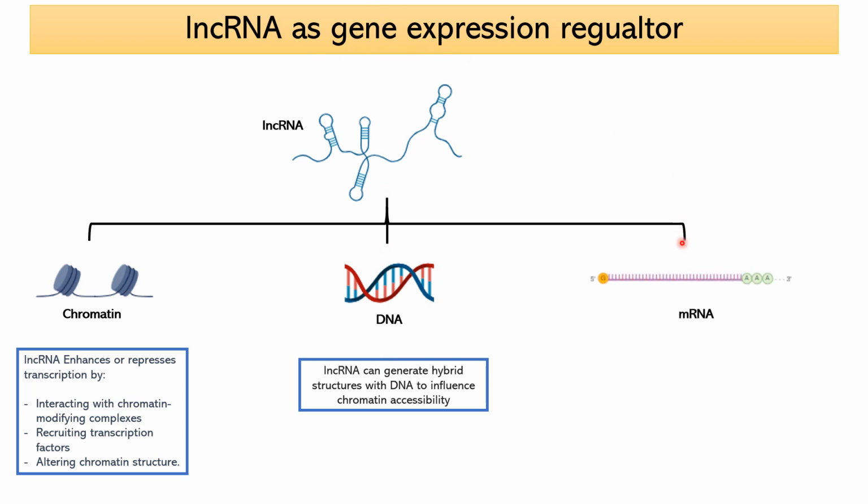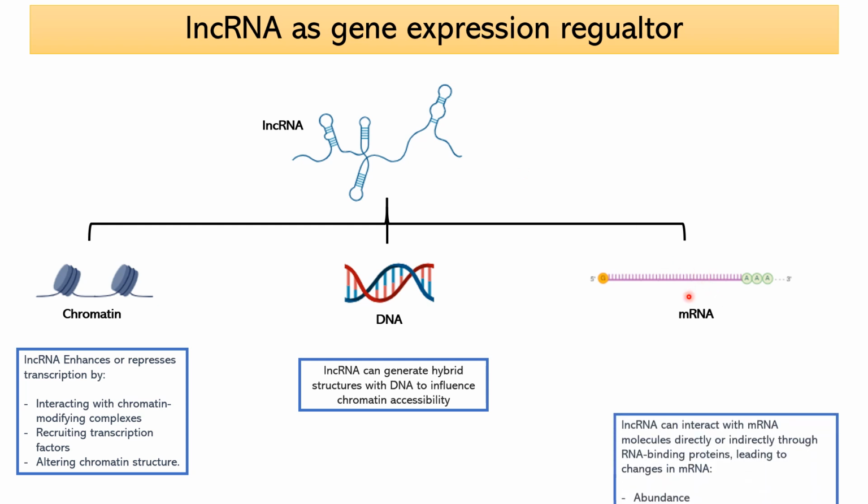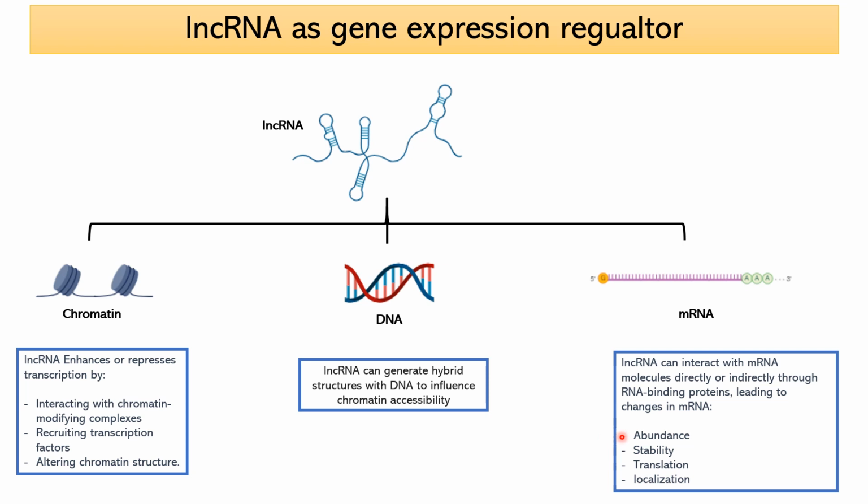The third thing is the mRNA. lncRNA can also bind to messenger RNA, and this binding will affect the abundance of the mRNA, its stability, its translation into proteins, and also its localization. That's why lncRNA can strongly affect the rate of gene expression.